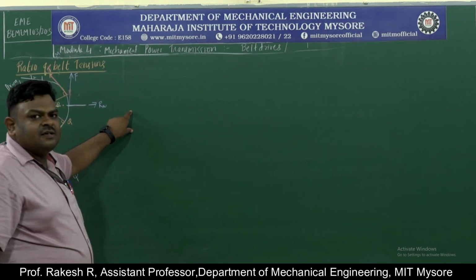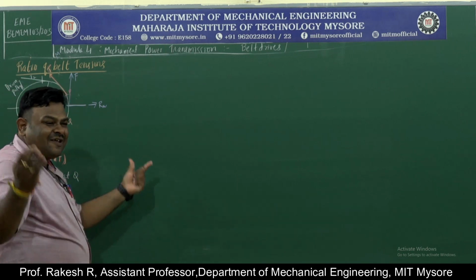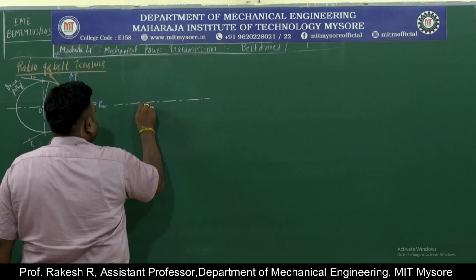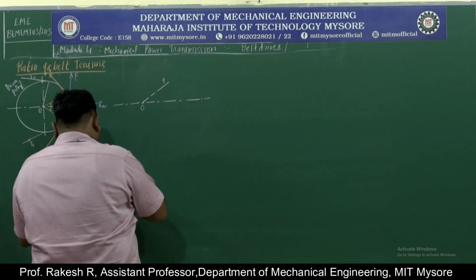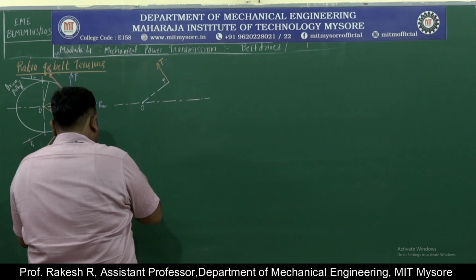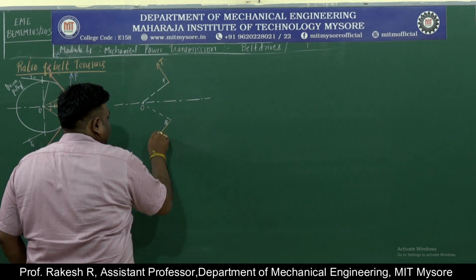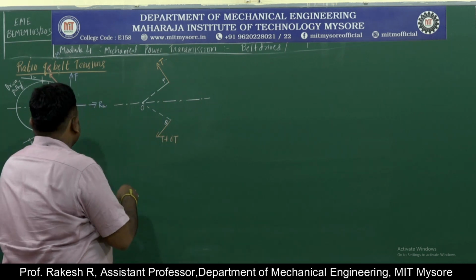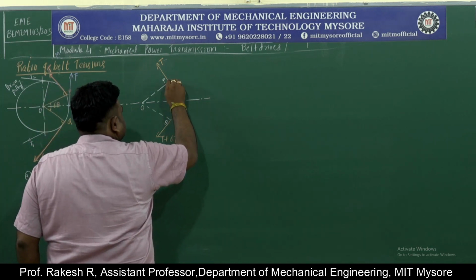Let us draw a diagram which represents only the forces, that is nothing but the free body diagram. I will represent here, this is O and this is P. From P, this T is acting. Again, this is Q. From Q, T plus delta T is acting.